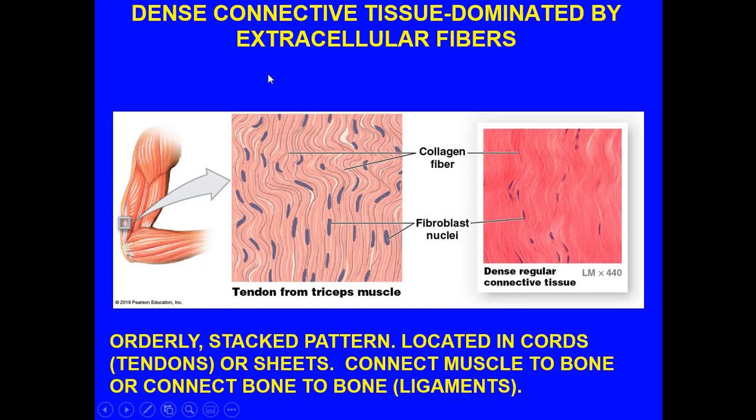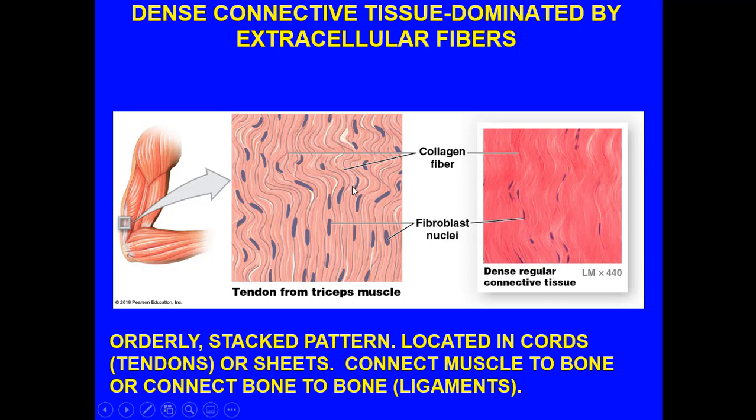Now, dense connective tissue is dominated by extracellular fibers. No way around it. The difference between regular and irregular, I should say, is the pattern of the collagen fibers. Remember I said the fibroblasts really play a key role in laying down the fibers? Here are your fibroblasts.